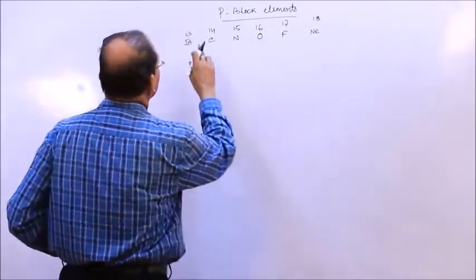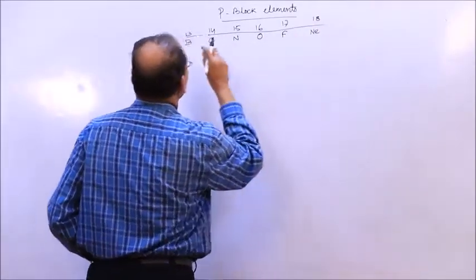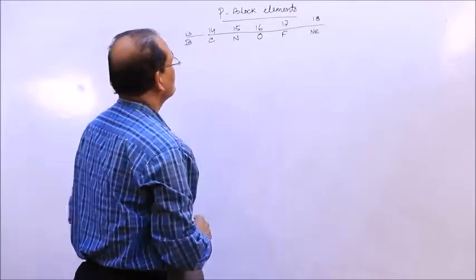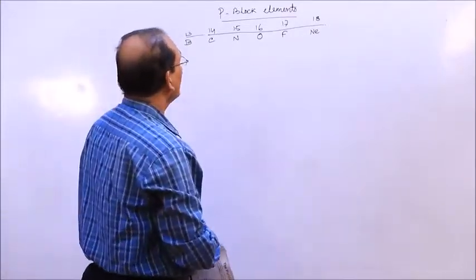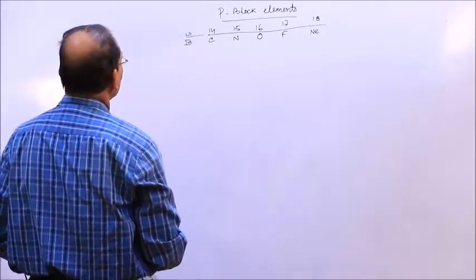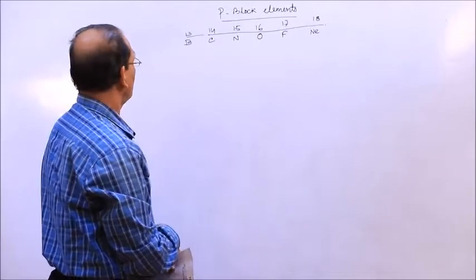So you see that there are 6 groups, 13, 14, 15, 16, 17 and 18. These are the 6 groups of elements in which there is increasing p orbital electronic configuration.